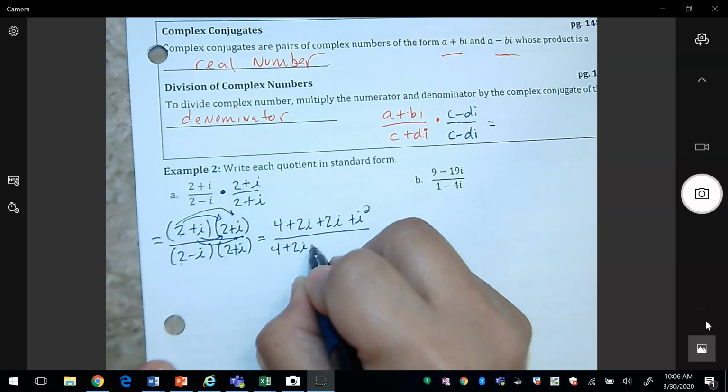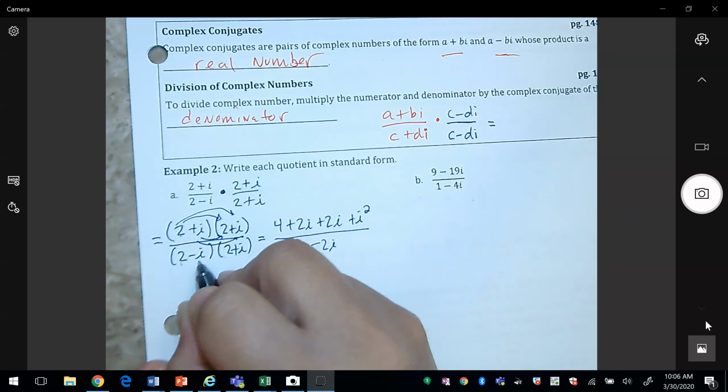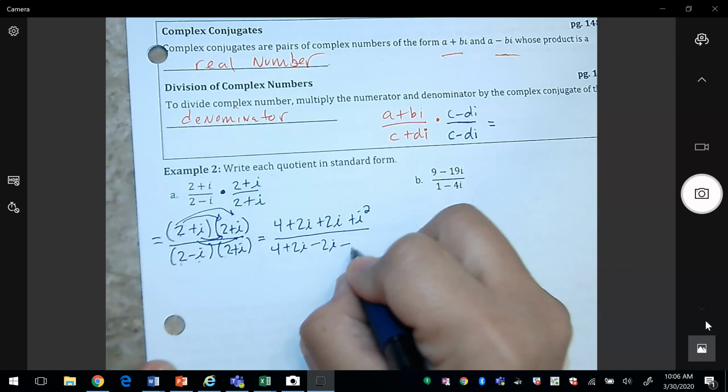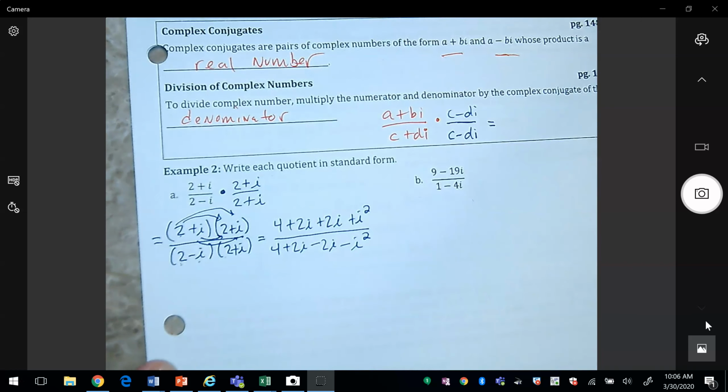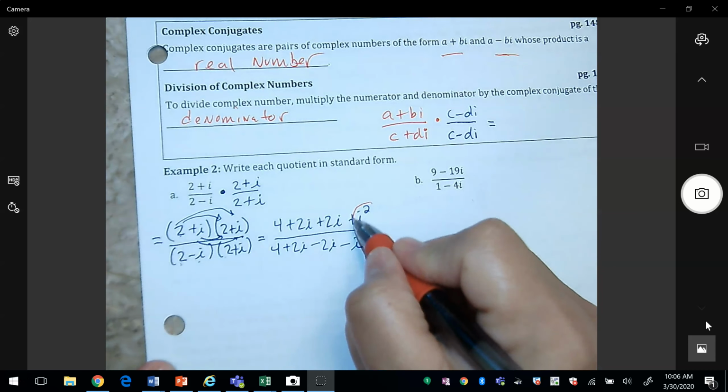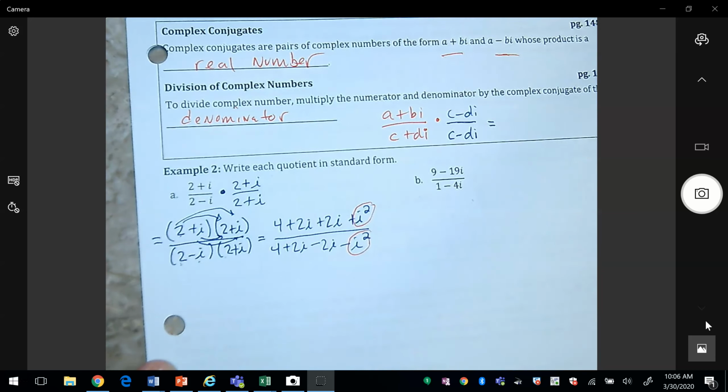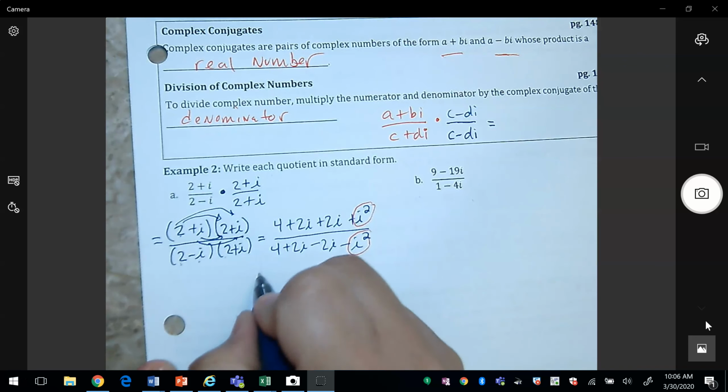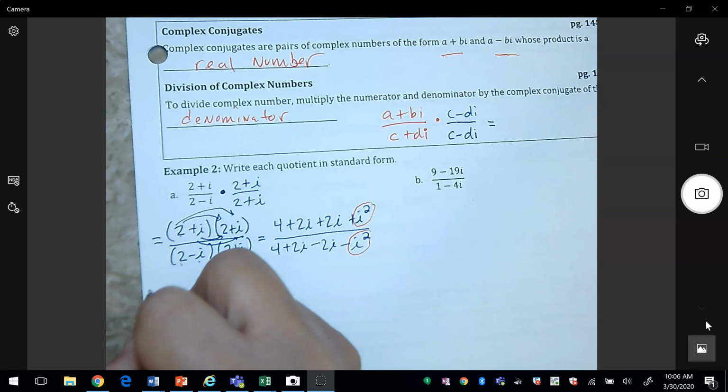Negative i times 2 is negative 2i. Negative i times i is negative i squared. So notice here we have an i squared and an i squared, and we're going to need to replace that with a -1 when we continue with our work here.